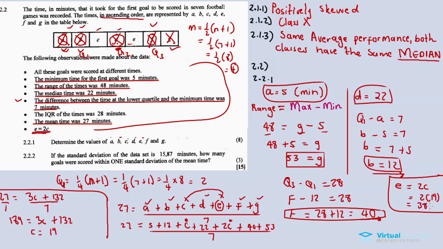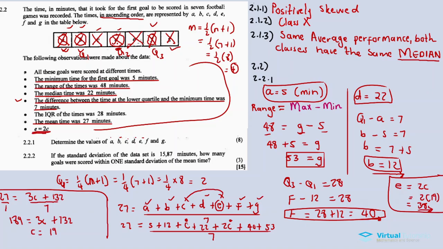Okay, 38. So this is our answer, which is the final variable we had to calculate. We calculated C, it's 19, and we calculated E too. So we are done.